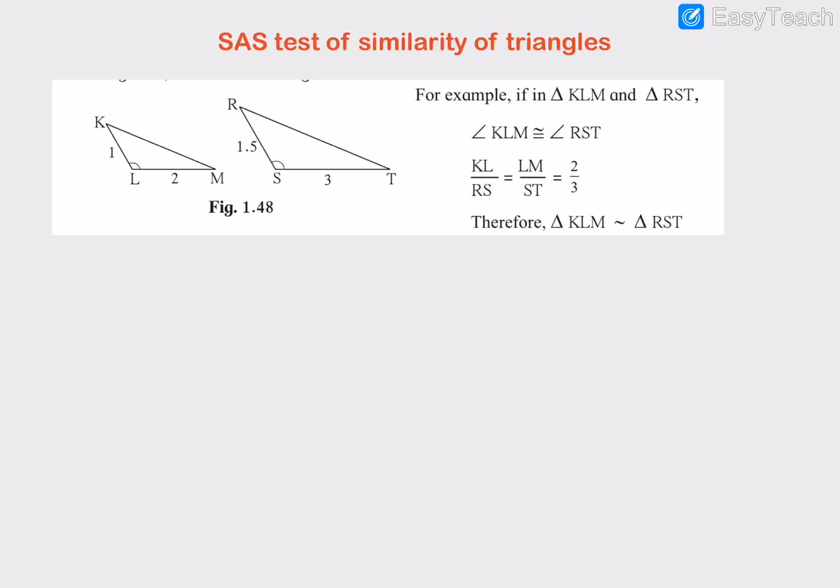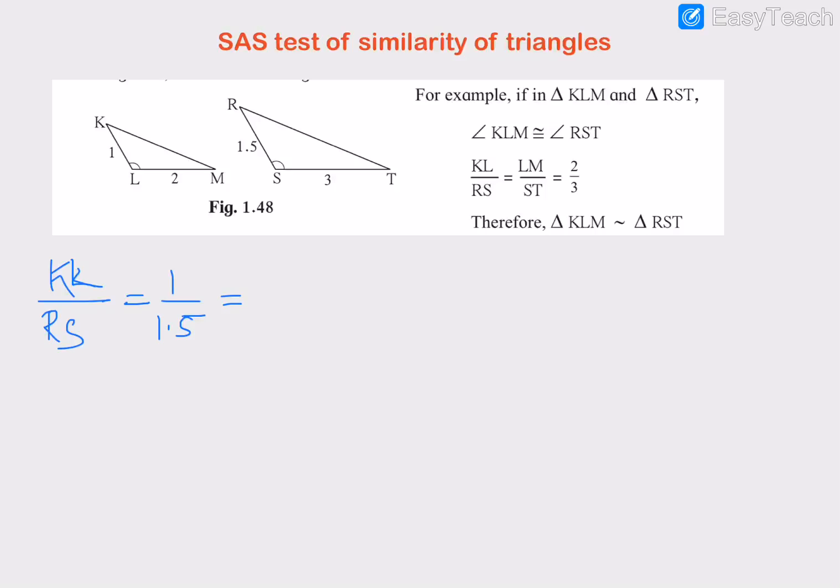So let us check the corresponding ratios of the sides of the triangles. Here KL corresponds to the side RS of this triangle. So we can write KL by RS is equal to, KL is given as 1 and RS is given as 1.5.